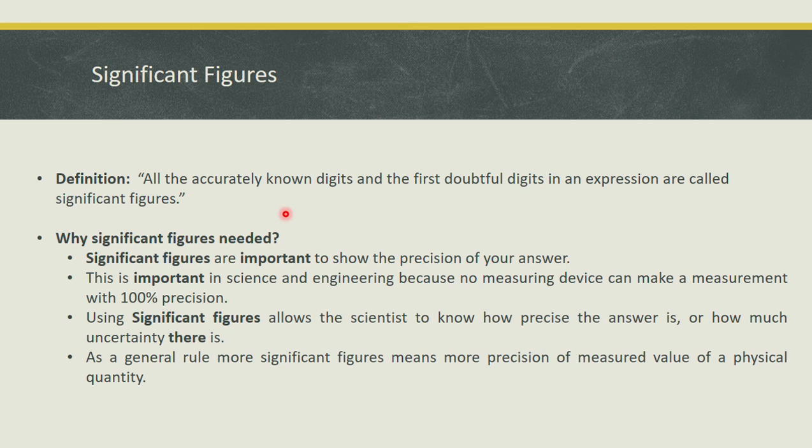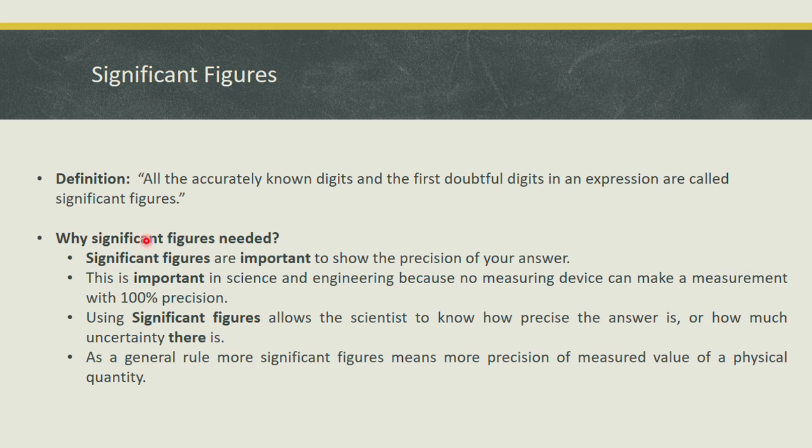As we studied with measuring instruments, each measuring instrument has a limited value which is called its least count. By using this least count, we come to know how many digits are accurately known and how many digits are doubtful. This is how it tells us about the precision of an instrument.